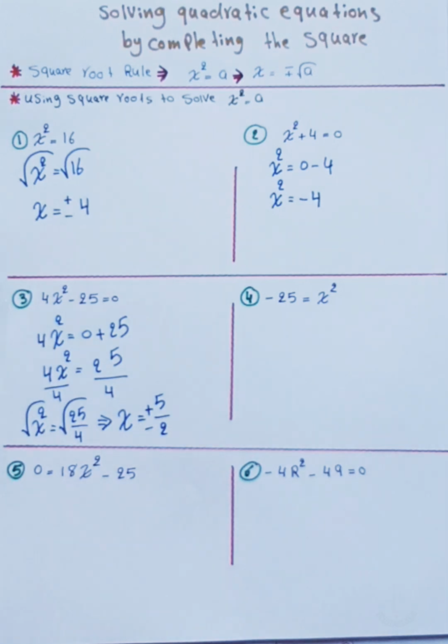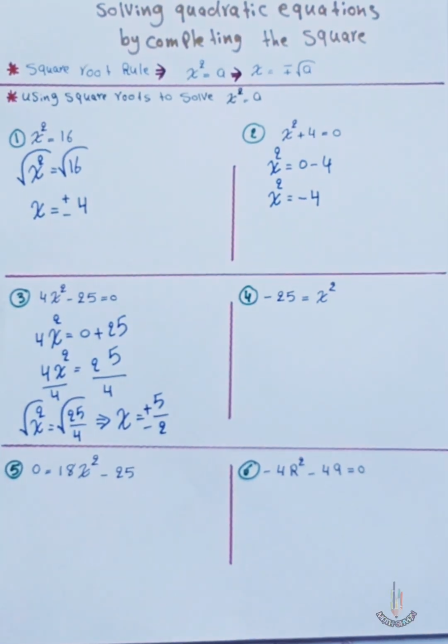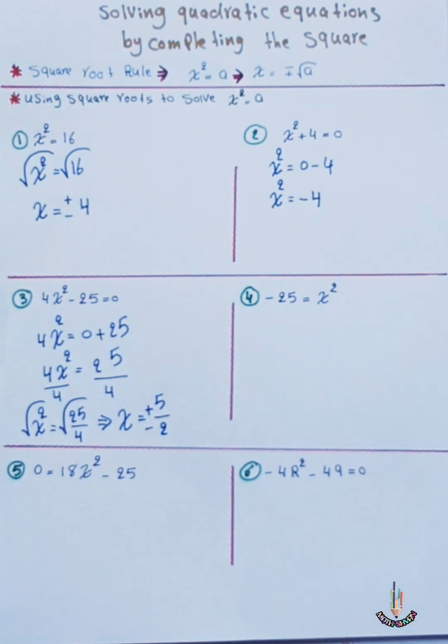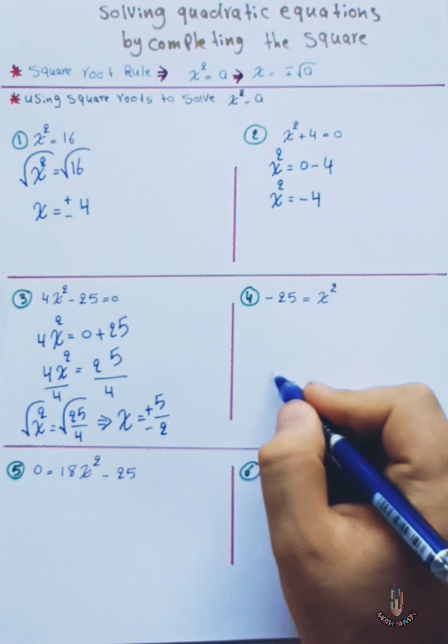Example number 4, we have negative 25 equal to x squared. There is no real number whose square is negative, so the value for x squared should not be a negative number, so this equation has no solution.